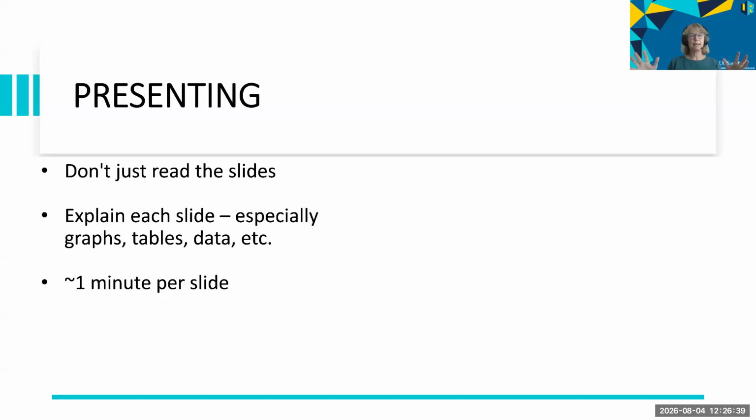Even if you have a beautifully laid out slide that's really well labeled, it can be difficult for somebody to work their way through it. You just want to make sure that they are taking away from that slide what you want them to take away from it. We typically say that slides should take about 1 minute per slide. So for people who are presenting on their own, you have a 12-minute time period to present. So that means about 12 slides.